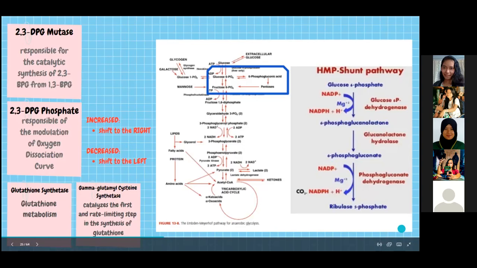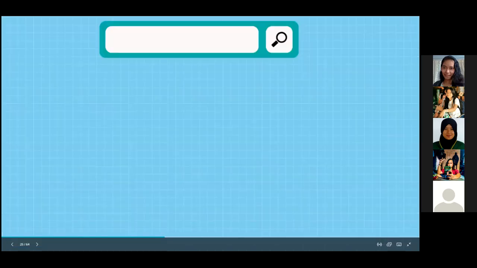And now we are on our fourth and last enzyme disorder, still under our hereditary intrinsic hemolytic anemia. And it is the pyrimidine 5' nucleotidase or P5N deficiency in this enzyme.